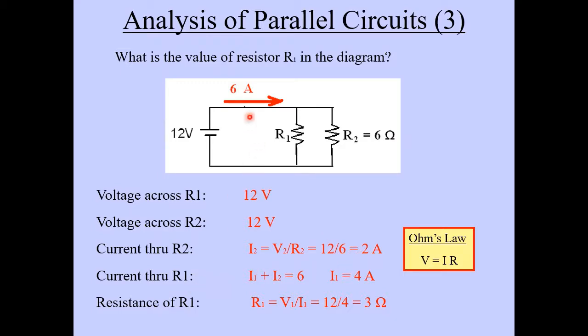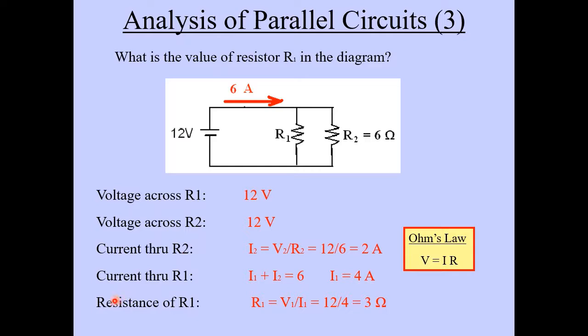The current through R1, all right, well, we know that this current through here plus this current through here must be equal to 6 amps. In other words, I1 plus I2 is equal to 6. But we know that I2 is equal to 2 amps. So therefore, I1 must be 4 amps. 2 amps here, 4 amps here, total together to give us 6 amps.